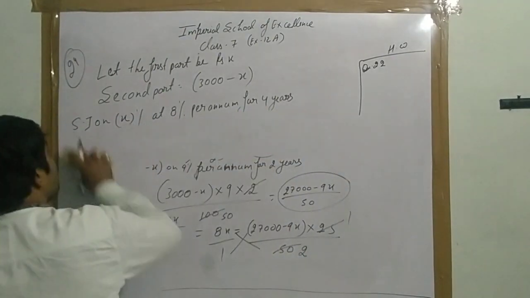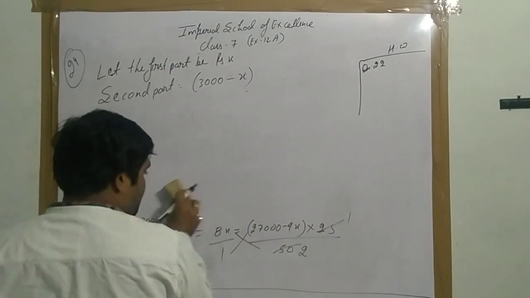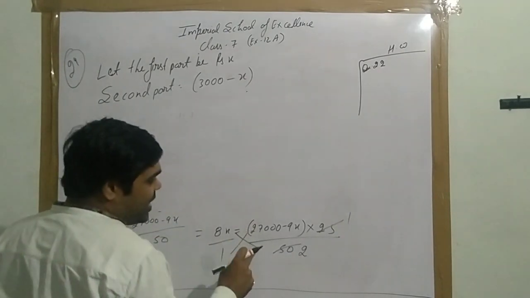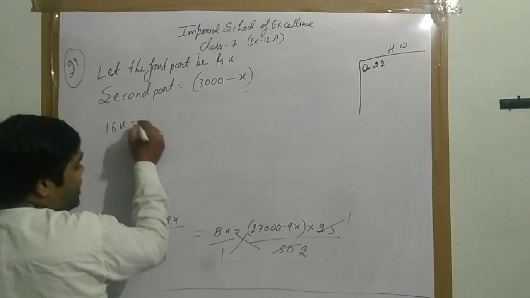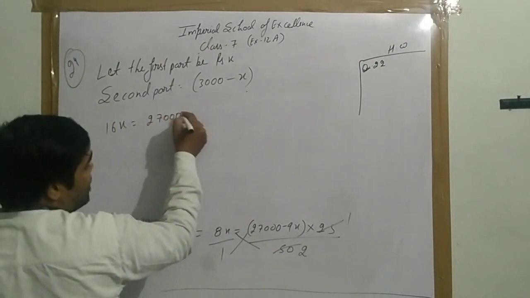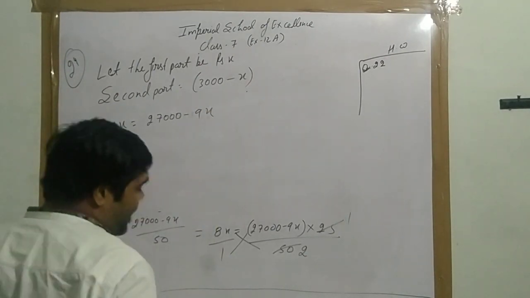Let me rub this. It is 8x upon 1, cross multiplication. After that it will be 16x equals 27,000 minus 9x.